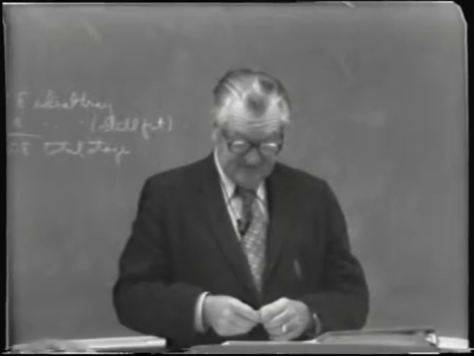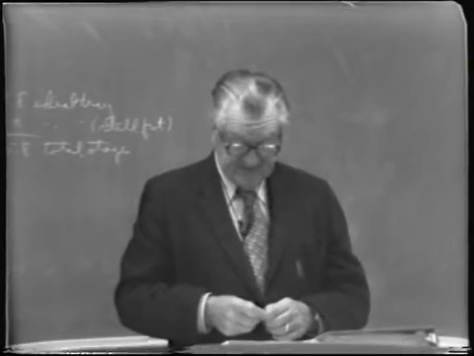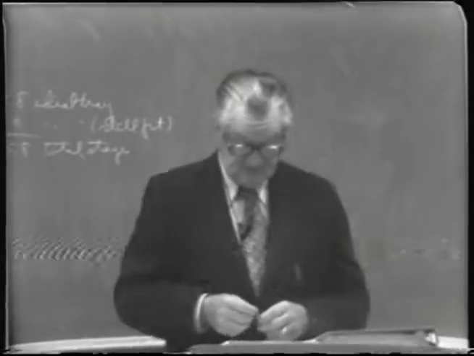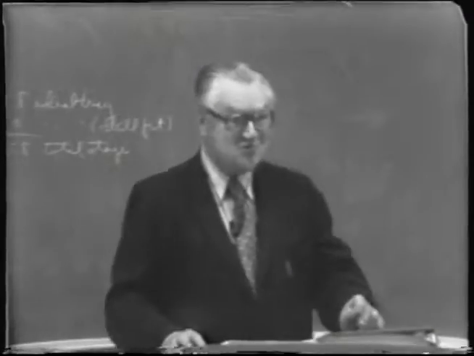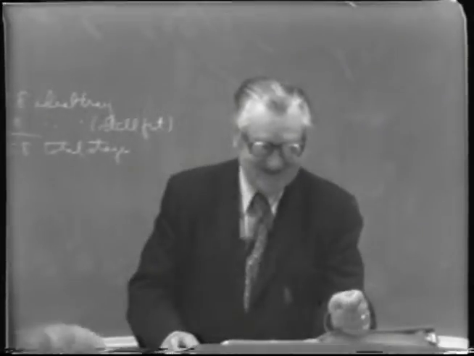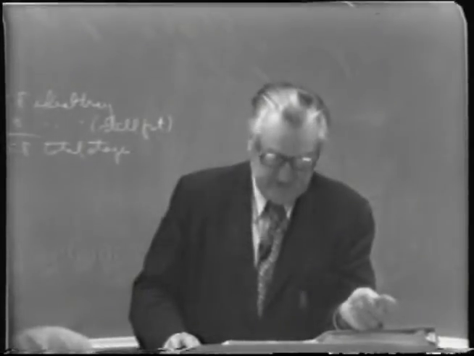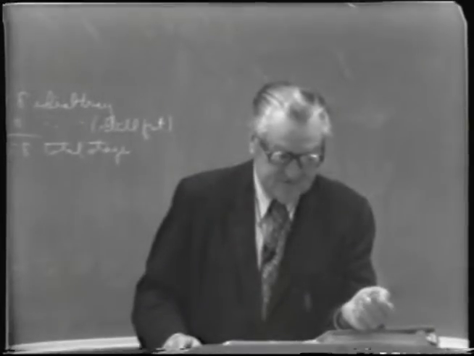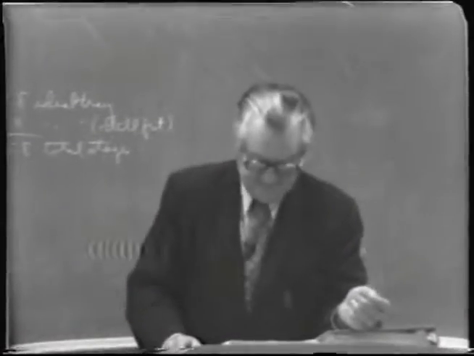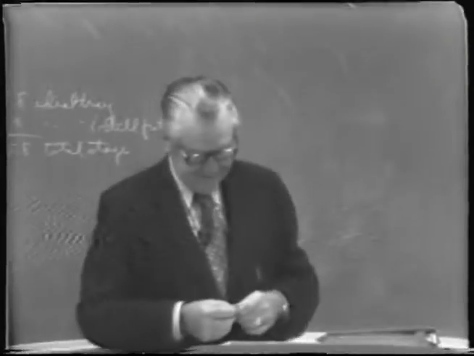But I won't take time to go into that now because the approved solution, as we call it, that I'll hand out tomorrow will illustrate it. How you calculate the change in slope at the point where you take the side stream out is quite simple.